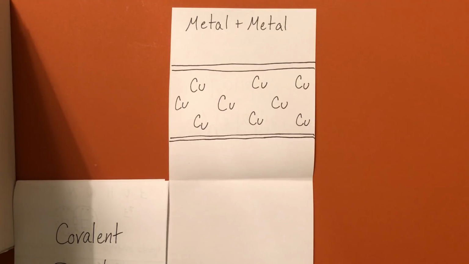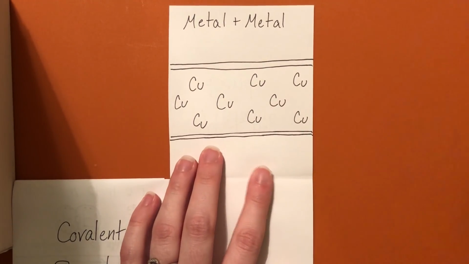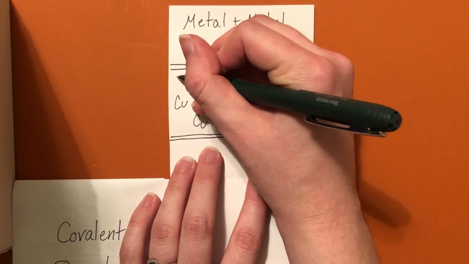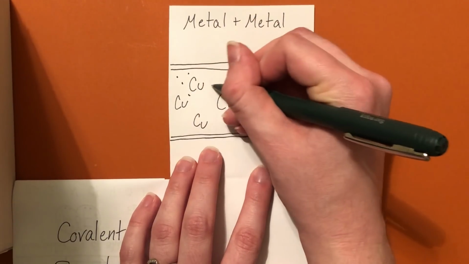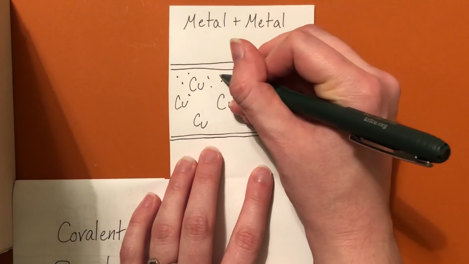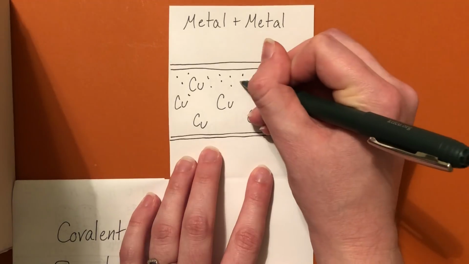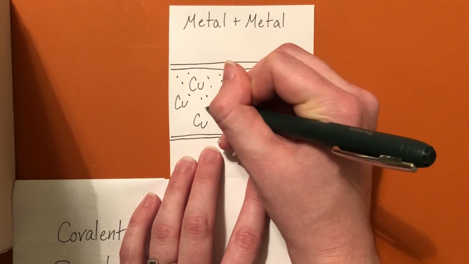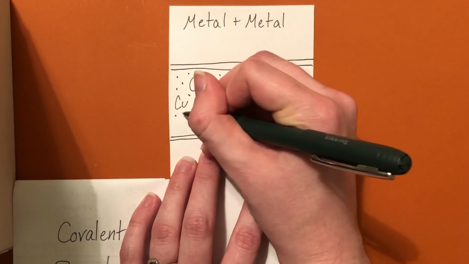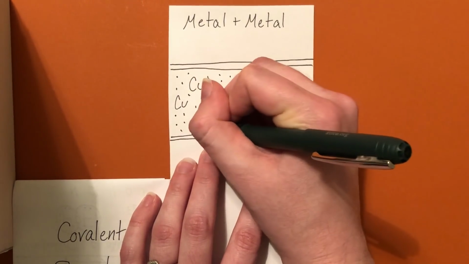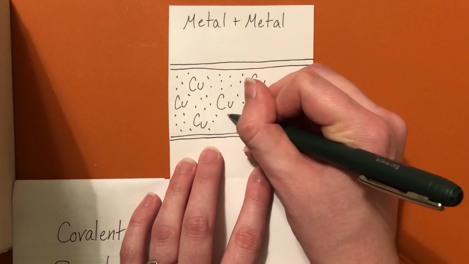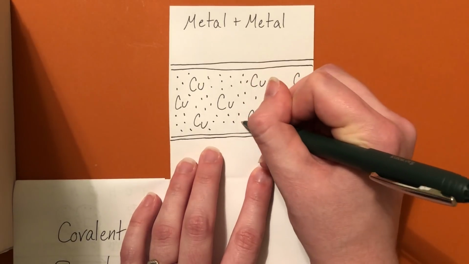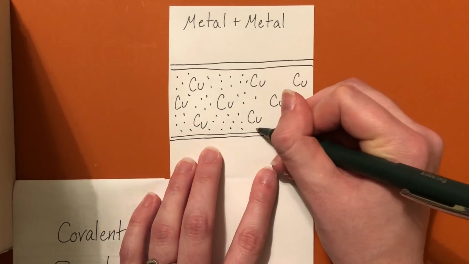So because of this, whenever I run an electric current through, an electric current is nothing but a movement of electrons. So all of these dots that I'm drawing right here are a bunch of electrons. And of course there's more copper atoms in here, but I'm only drawing a few. So all of these electrons are being moved through the copper metal wire.